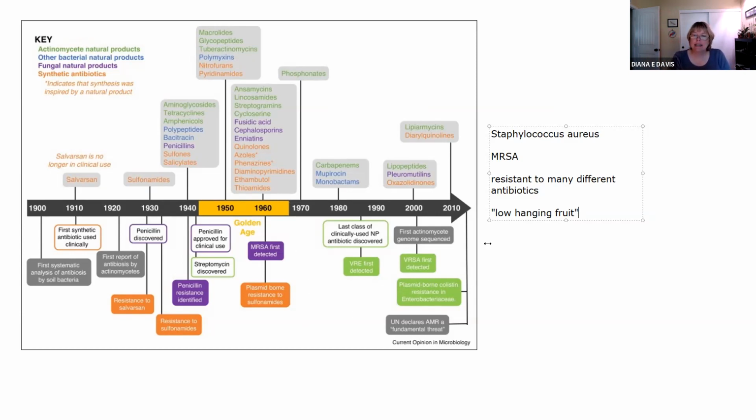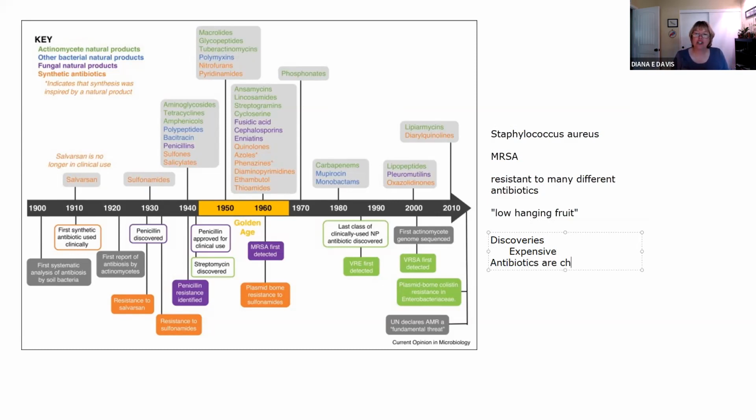So if we are no longer able to go after the low-hanging fruit, we have to have new discoveries. This isn't very well funded. This would have to be funded by the government because it's very expensive to do this. And drug companies are not likely to go after that.